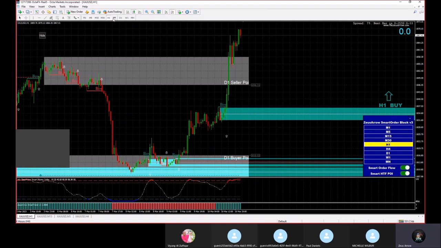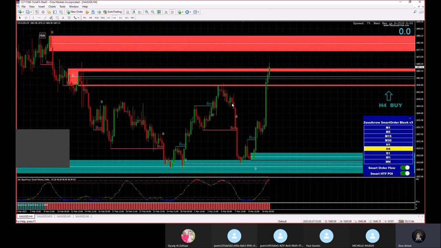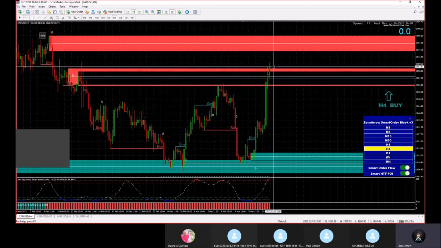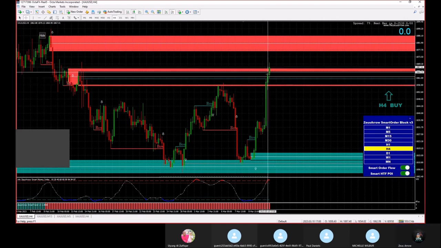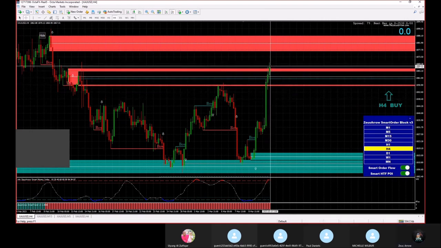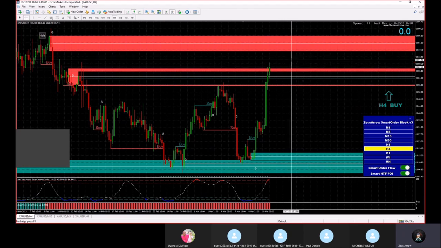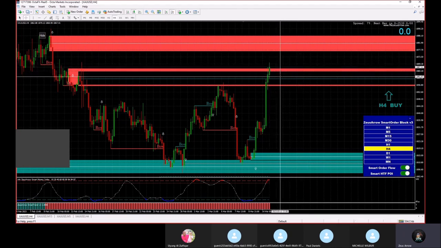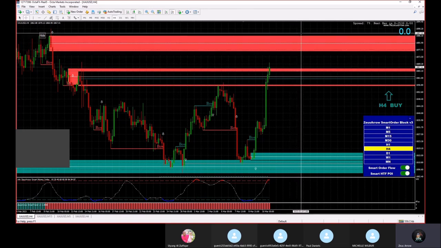So having the idea of your higher time frame order blocks matters. Say you switch to 1 hour or 4 hour, and you find out like here that gold is breaking above this H4 order block. Now what we can expect is some correction, and then gold will continue moving up to the 1881 level, or this whole seller order block.